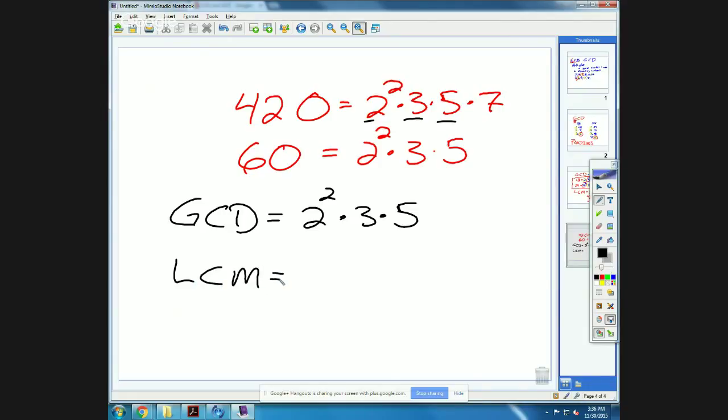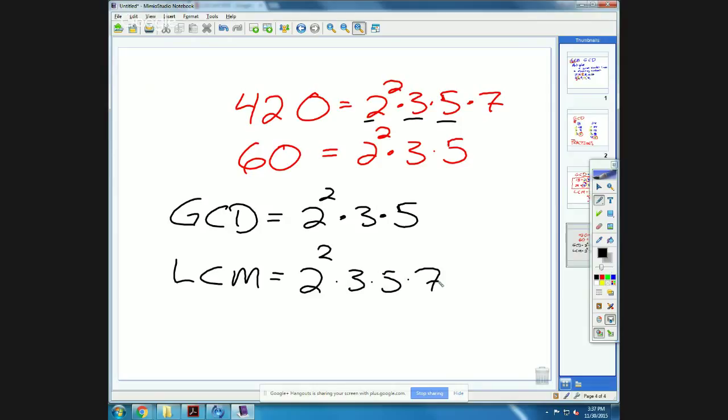LCM. The way we built that one, there's 2 ways to think about it. One is you pick a number to start with and see what you get. Well, I could start with 420. 420 is 2 squared times 3 times 5 times 7. And then I check to see if 60 needs anything extra. Does it? Nope.